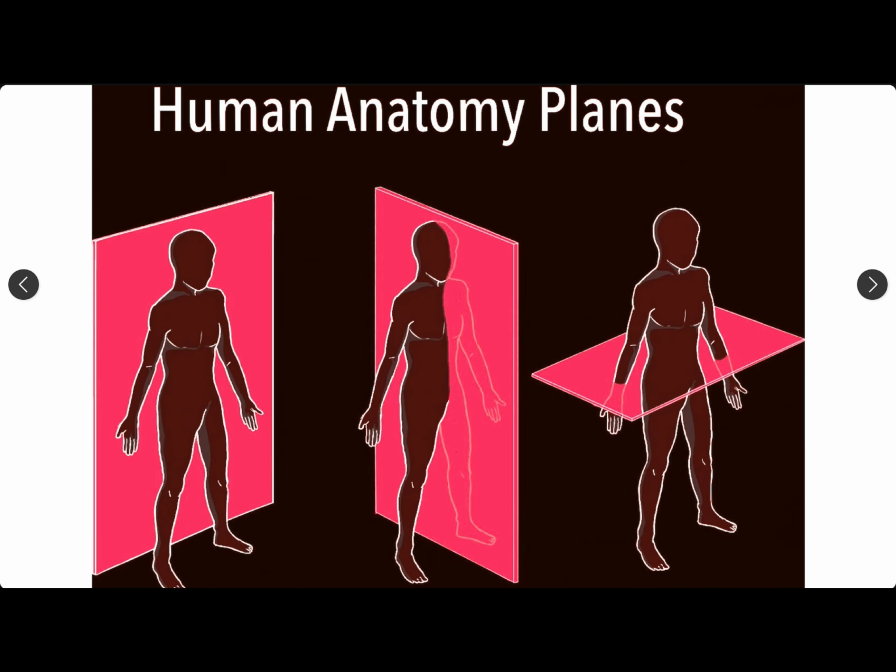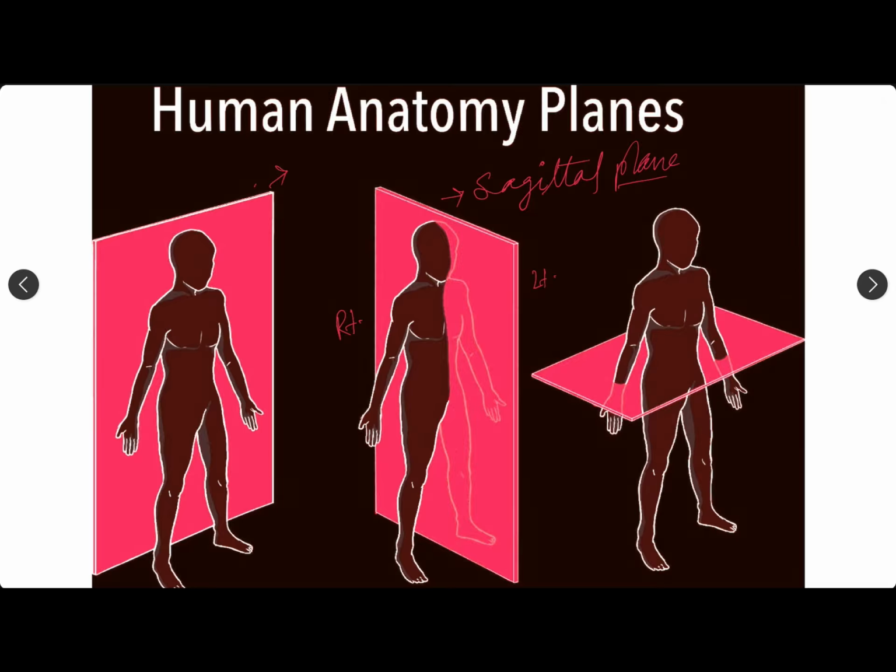So this is the sagittal plane which divides the body into right half and left half.